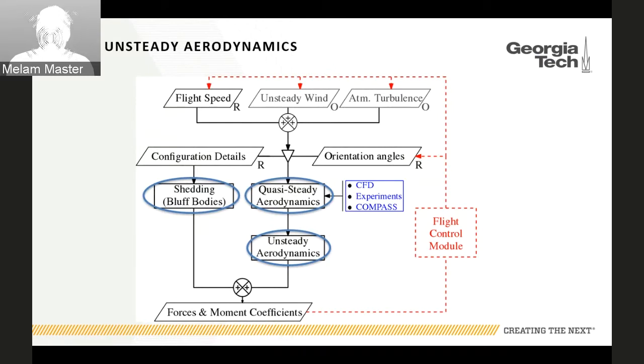The quasi-steady aerodynamics is done through CFD, experiments, and Compass. Compass is what I've been working on the past few semesters, and I'll talk more about that the rest of the presentation. After all of this is done, force and moment coefficients for the overall aircraft, given the flight conditions, are output.